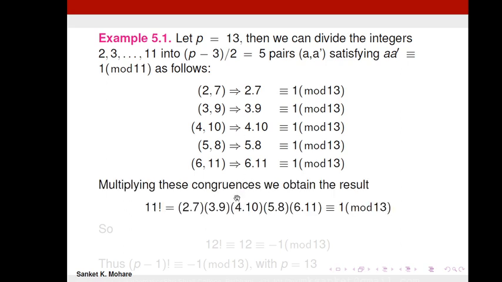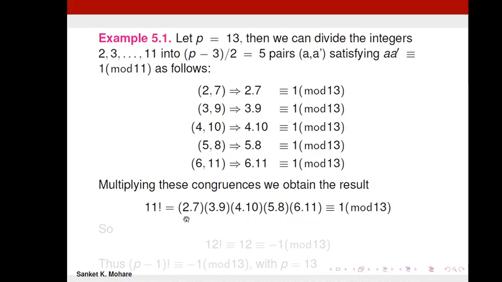So what we obtain: 2 into 7, 3 into 9, 4 into 10, 5 into 8, 6 into 11. This is nothing but 2 into 3 into 4 into 5 into 6 into 7 into 8 into 9 into 10 into 11, which is congruent to 1 modulo 13.